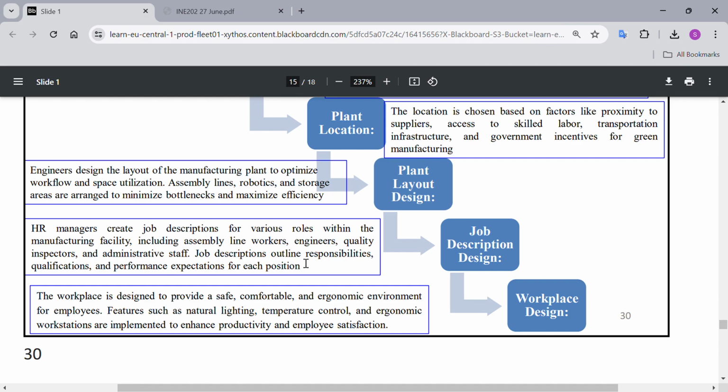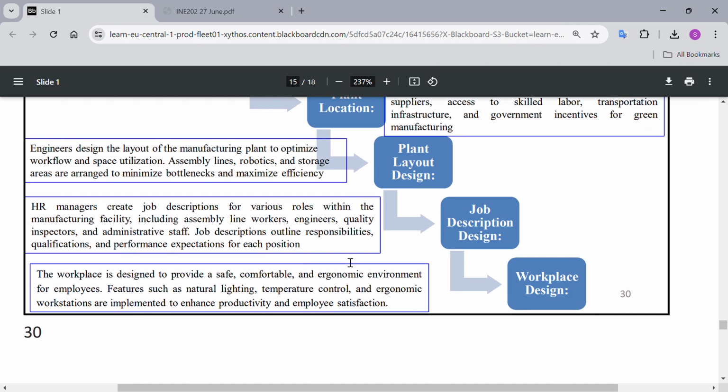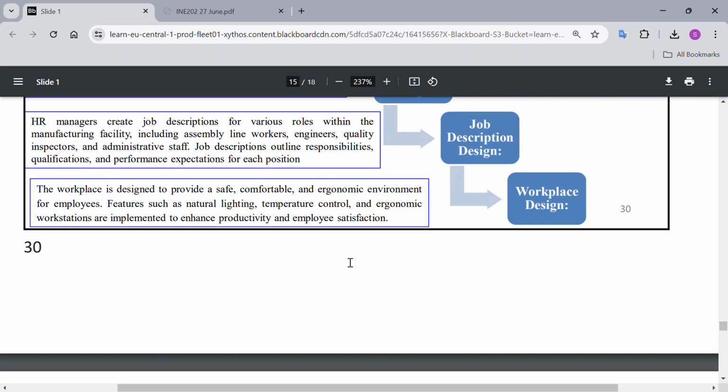This includes assembly line workers, engineers, quality inspectors, and administrative staff. The job descriptions outline all of their responsibilities, the qualifications needed, and also the performance expectations for each position. So they are now basically defining the job titles in the manufacturing facility and for the product.